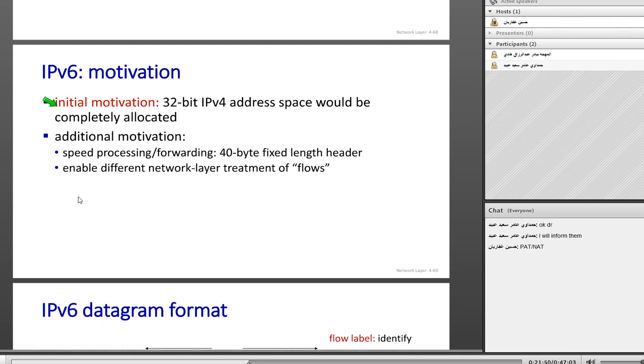Also, they use the concept of flow for quality of service. What is a flow? A flow is a bunch of packets that are transferred in a specific path from a specific source to a specific destination.